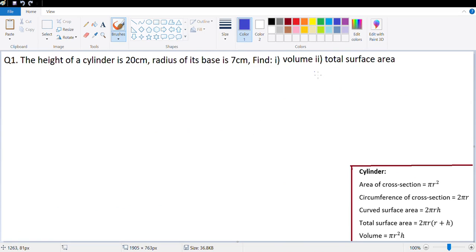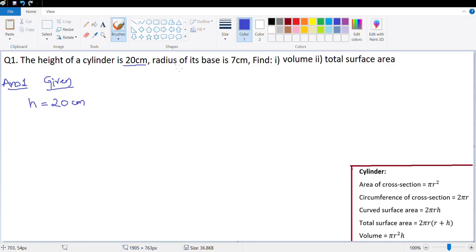It says the height of a cylinder is 22 centimeter. So let's see what's given. No, the height is equal to 20 centimeter.